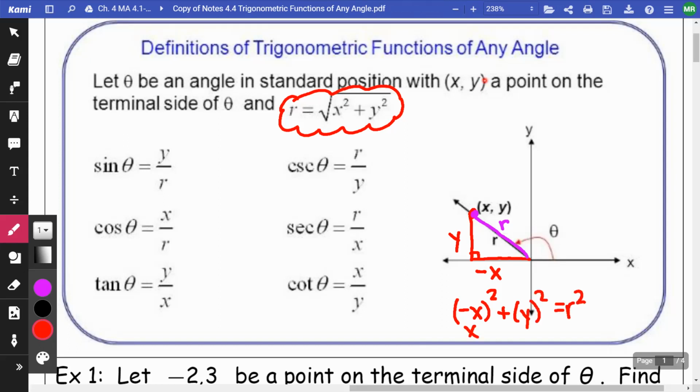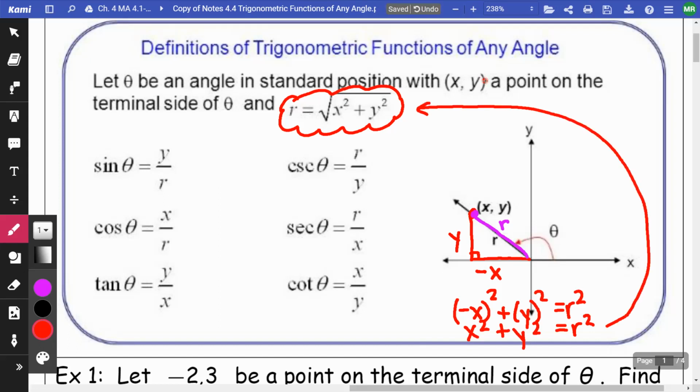When I work that out, this is just x squared plus y squared equals r squared. And I'm going to take the square root of both sides. When I take the square root, I have to take the square root of the whole side, x squared plus y squared. And here you see that's where they got the formula. It's really just the Pythagorean theorem.